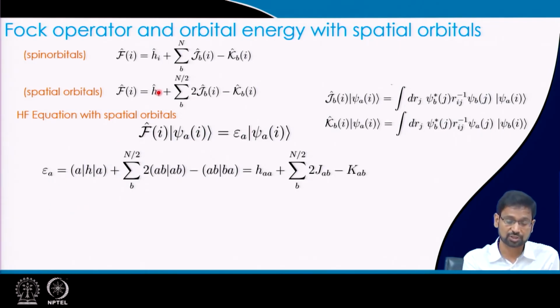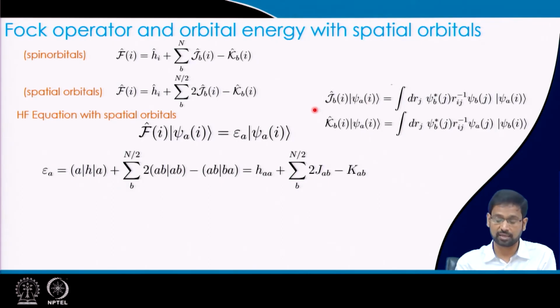So, you would see the first term I have is h_aa. Therefore, the first term would be the core energy. I see that the round brackets are over here, signifying that this a is actually a spatial orbital. And since the next term is the Coulomb operator J_b(i), I simply have to multiply psi_a star and integrate this function with the Coulomb term over here.